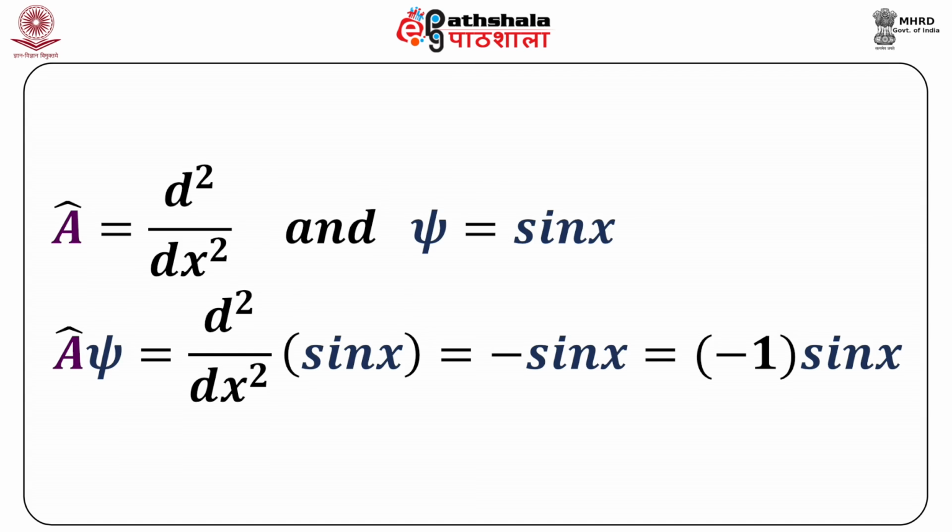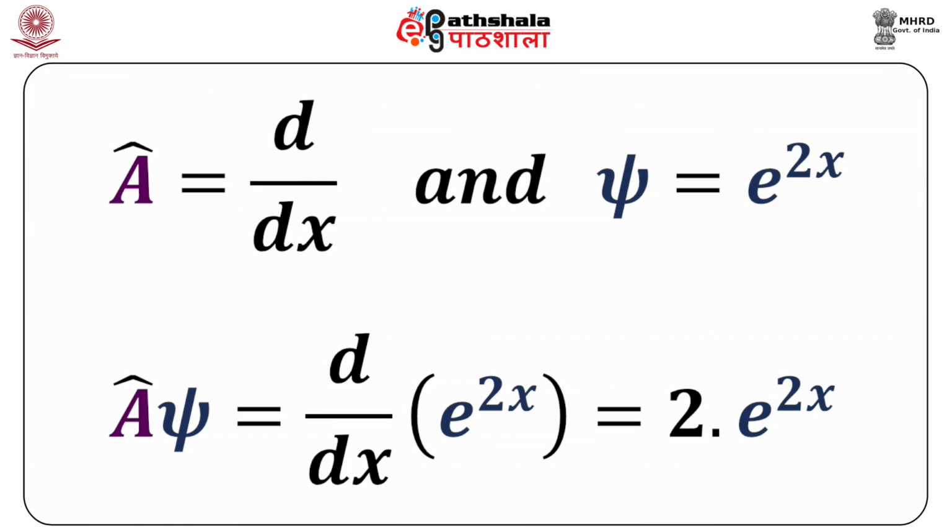In the second case, we take the operator d2 by dx2, and if it operates again on the same function, you can see that on this operation you get minus 1 as a constant value along with sin x. So here the eigenvalue equation is satisfied, and the value of the eigenvalue is minus 1. In this way you can satisfy yourself and find out whether the eigenvalue equation is satisfied or not.